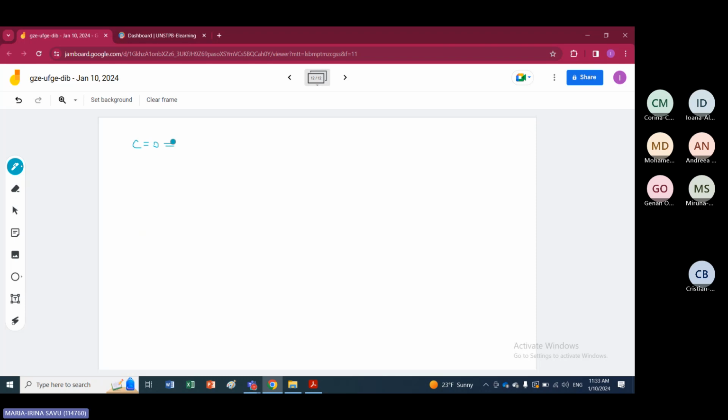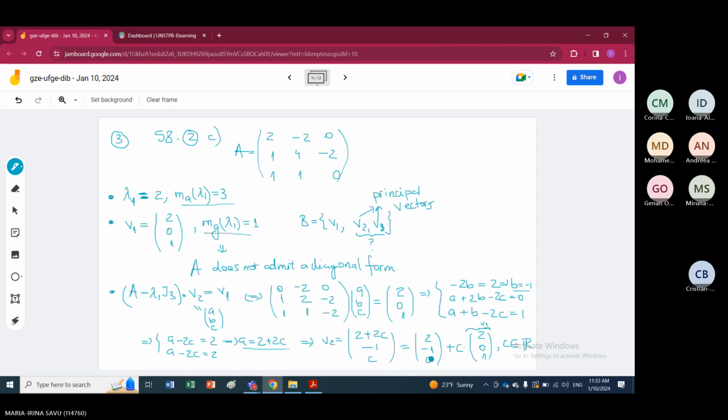So for c equals 0, you get that V2 is 2, minus 1, 0, this one. And now if you want to find V3, you must use a formula similar to this one, but you put V3 here and V2 here.